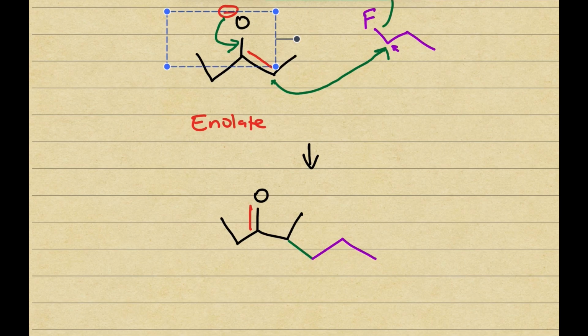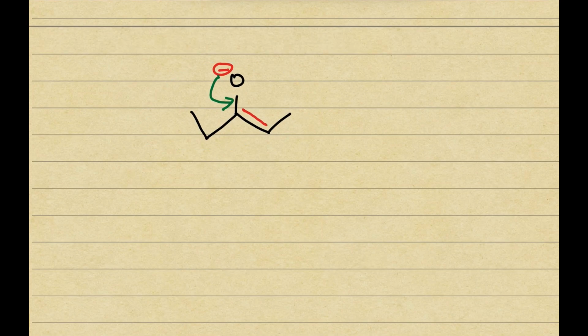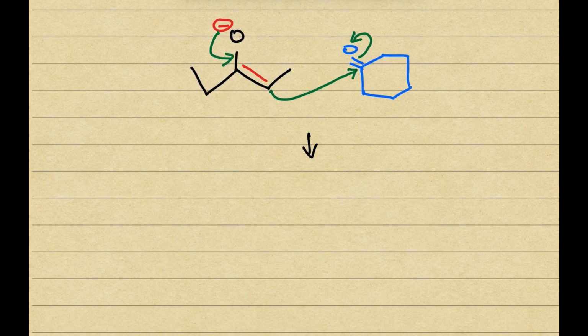Alternatively, the enolate can add to another carbonyl. Say you have a ketone, let's say you have that there, and now that carbon will form a bond with the carbonyl, and then the electrons there will flow to that oxygen, and you end up with the carbonyl at that position.